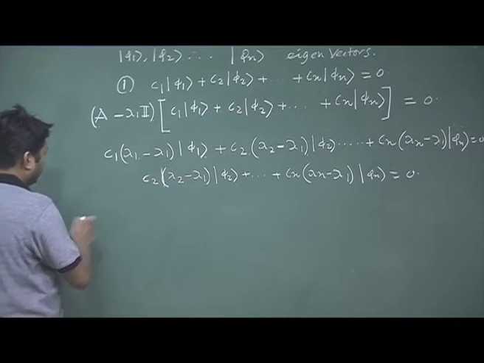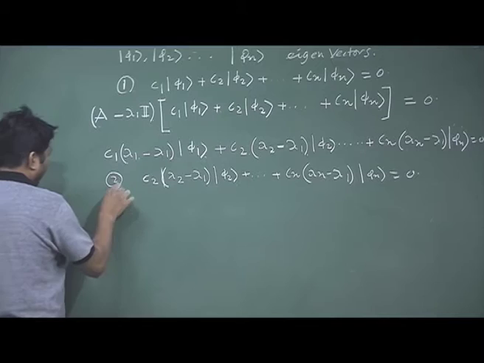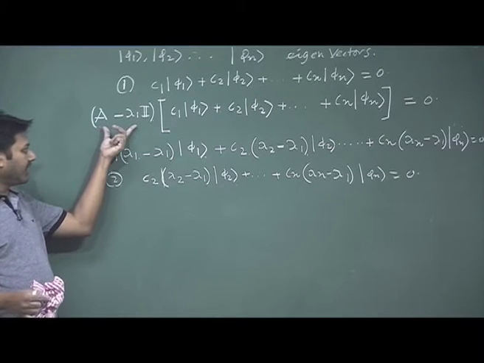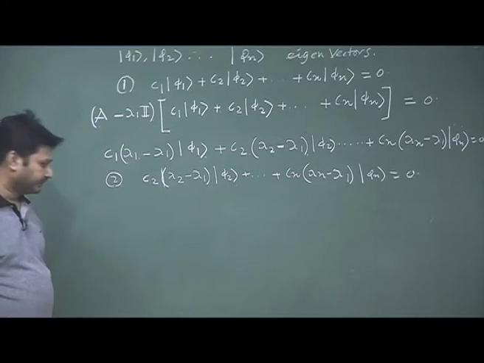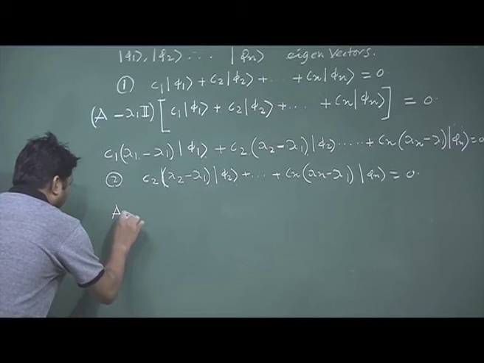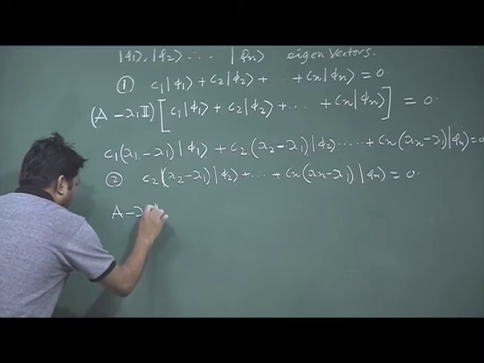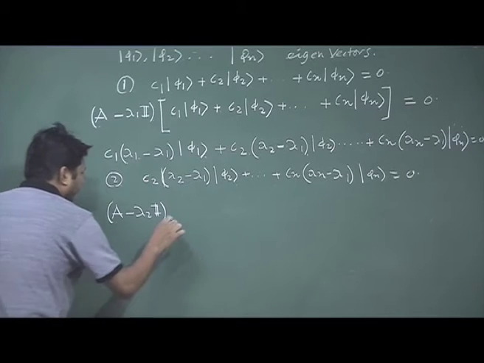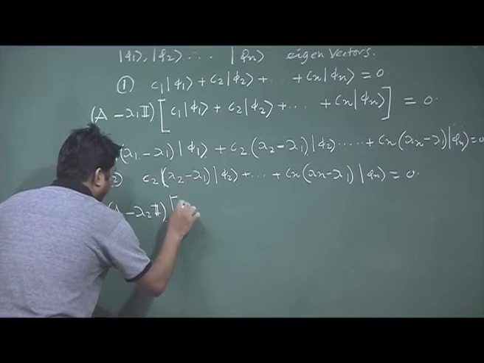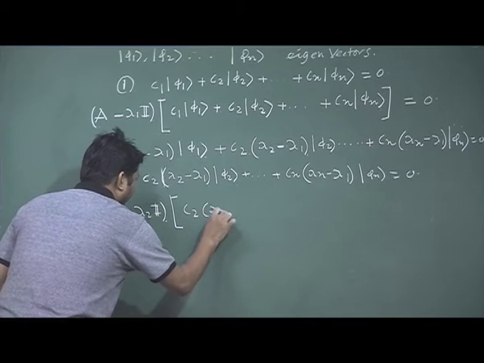So, this is my equation 2, I will operate A minus lambda 2 I over that. So, A minus lambda 2 I operate over my new equation.